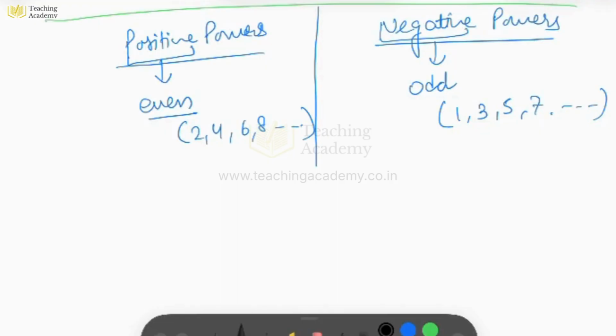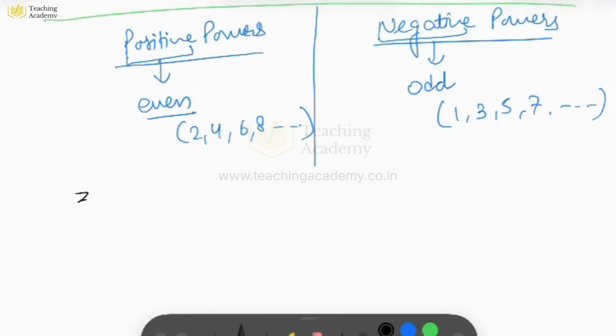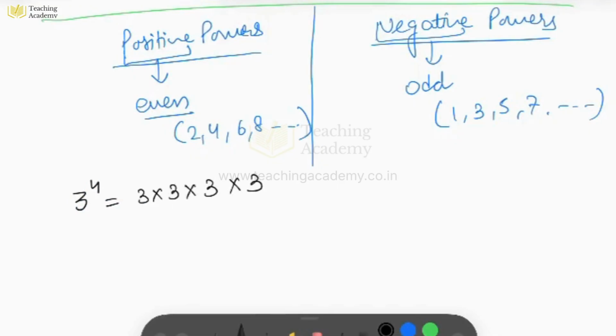If I'm writing 3 raised to the power 4, it's 3 times 3 times 3 times 3. Because the power is an even number, whatever answer you get is going to be a positive solution.